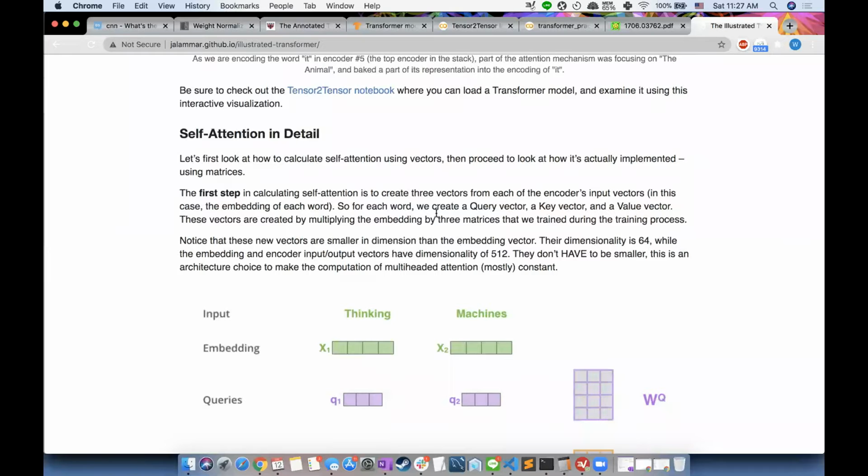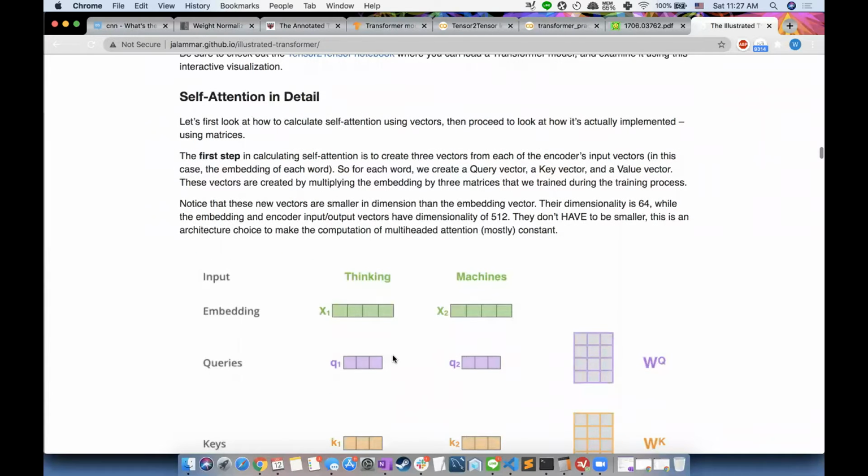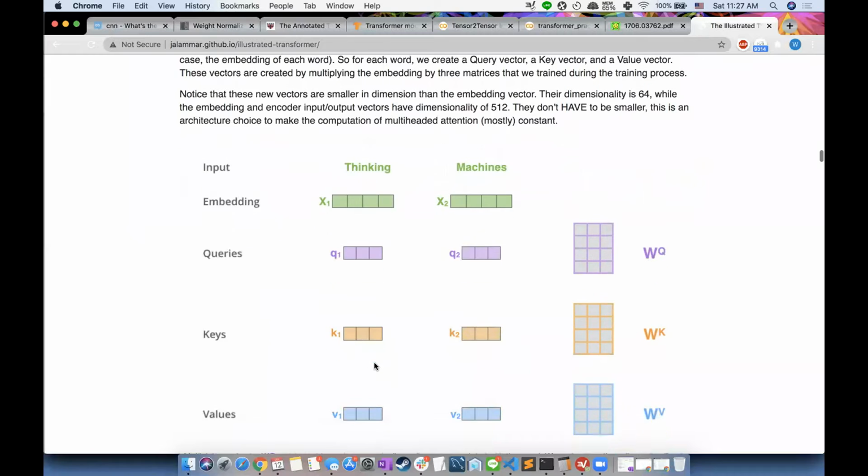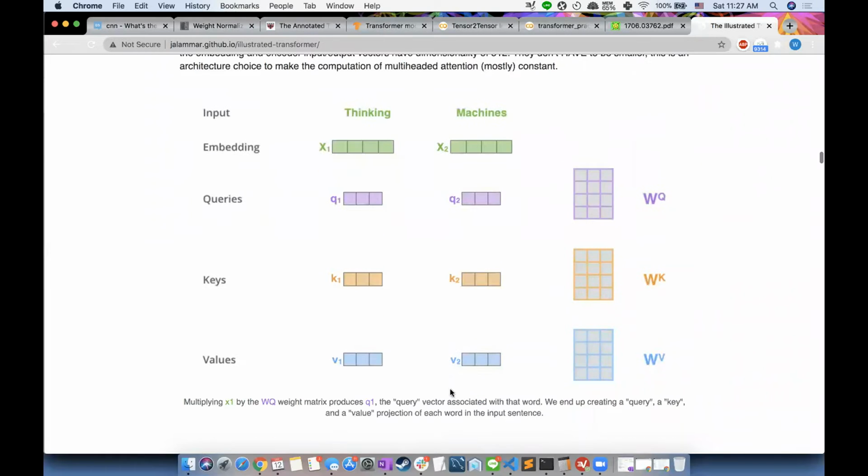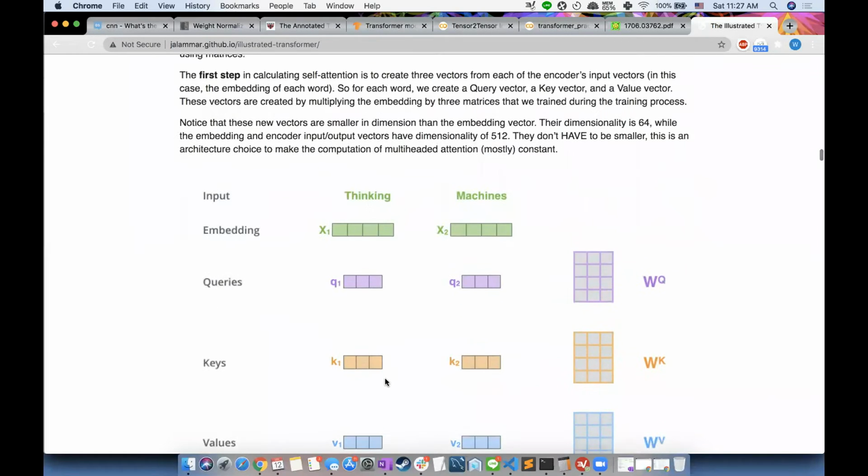For each word, we create a query vector, which is this Q1 or Q2. For "thinking" as a word, we have Q1. For "machines", we have Q2 as another word. So each word has its own query vector, its own key vector, its own value vector.